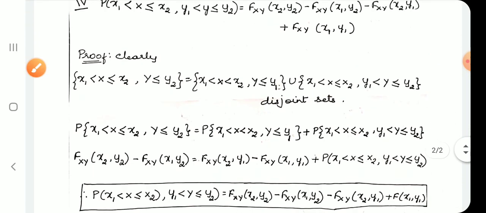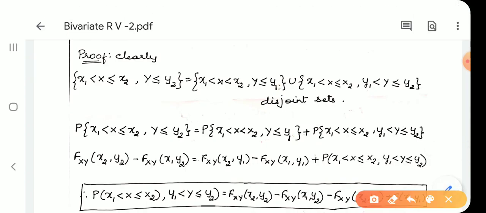When we apply the probability on both the sides, it becomes P of x1 less than X less than or equal to x2, comma, Y less than or equal to y2 is equal to P of x1 less than X less than x2, comma, Y less than or equal to y1, plus P of x1 less than X less than or equal to x2, comma, y1 less than Y less than or equal to y2.